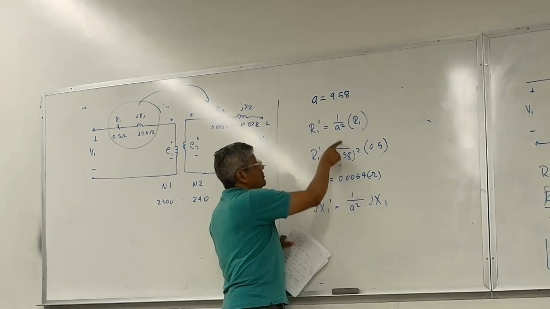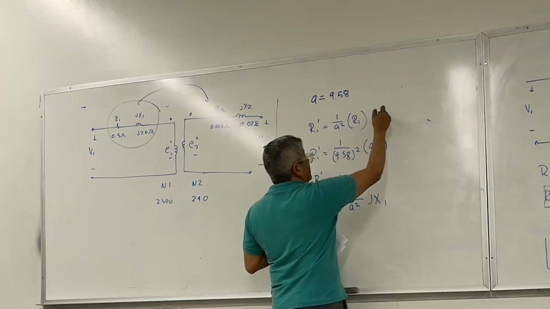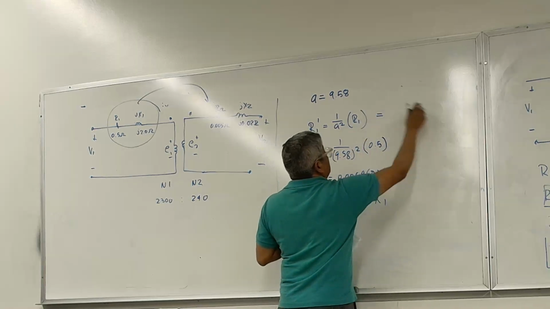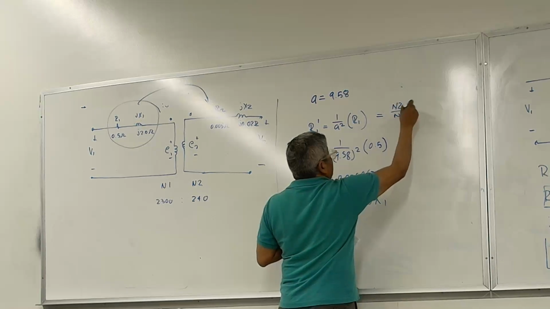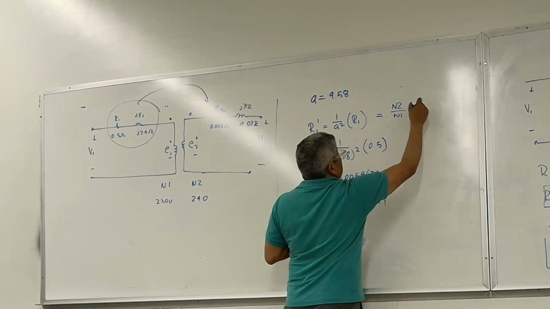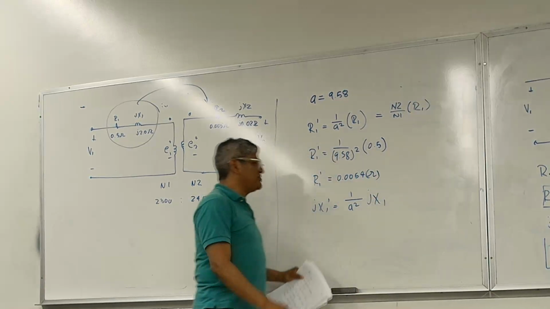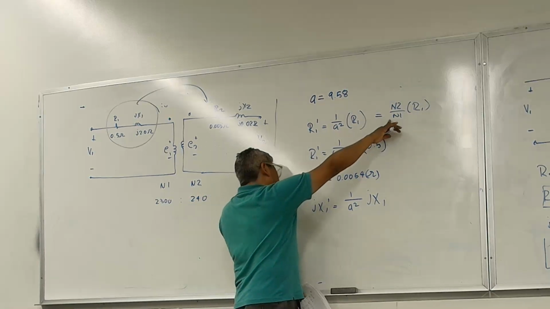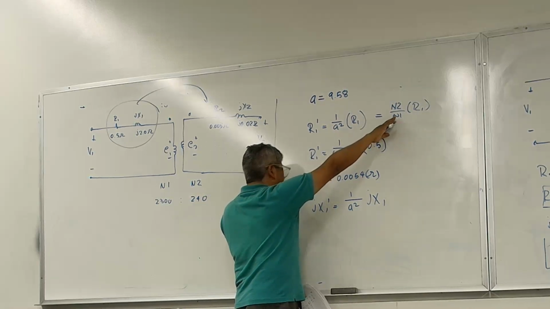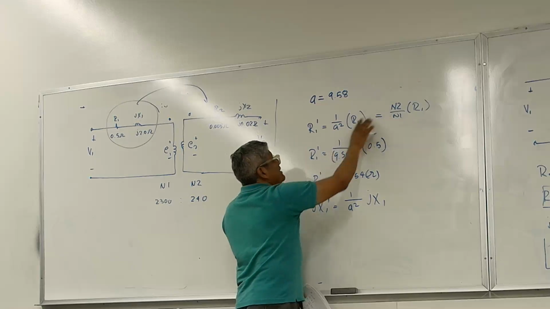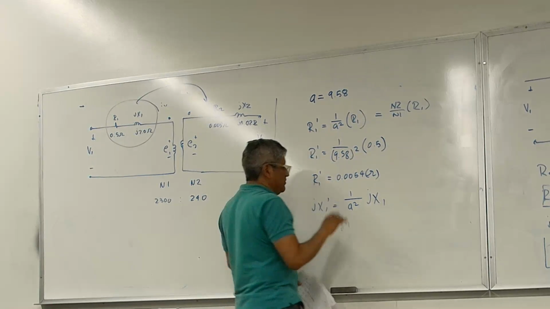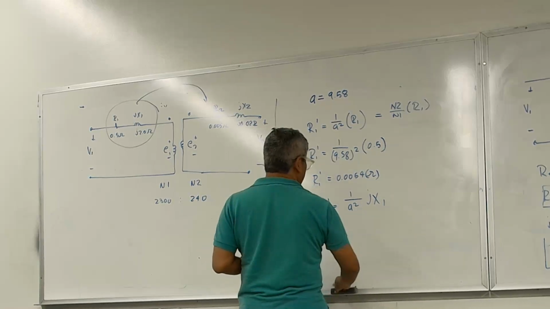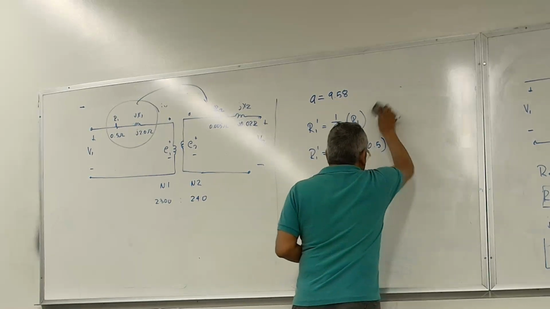Or, an equivalent formula would be N2 over N1 times R1. The reason I use this one is because sometimes you get confused and start doubting yourself, like, is it N2, N1? So it's better to use the 1 over A squared, at least for me. I'm pretty bad at this kind of stuff. But you can do that.